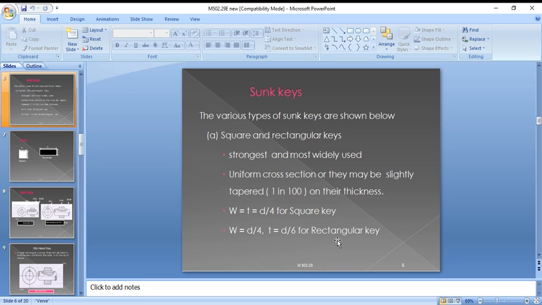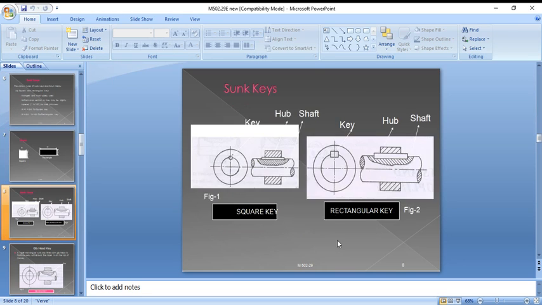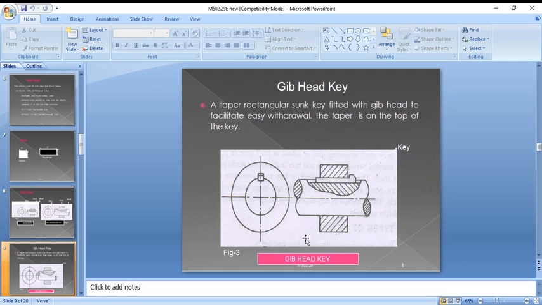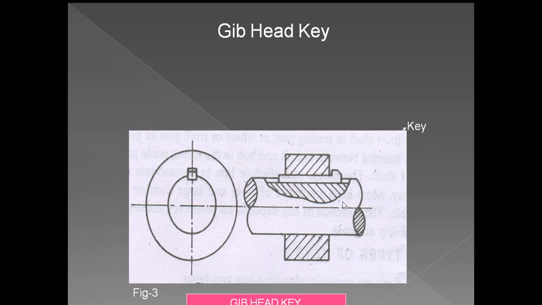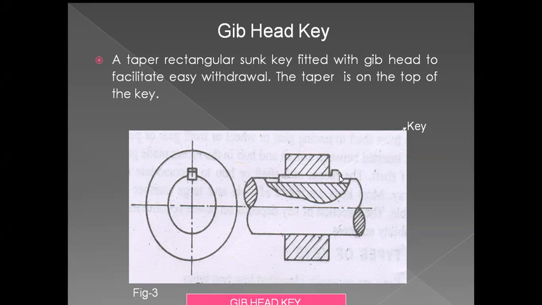A gib-headed key is like a rectangular sunk key, but has a gib head on one side to make withdrawal easy. It also has a taper on the top to make alignment easy.